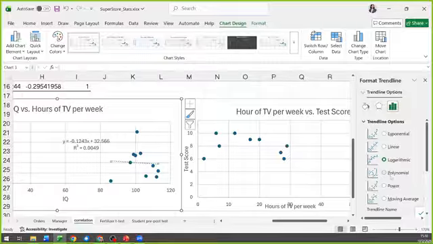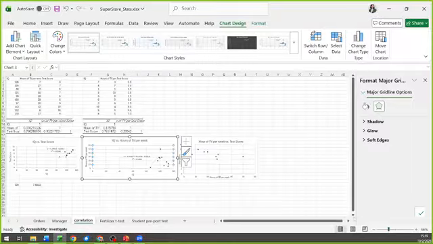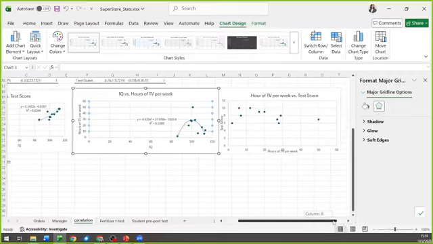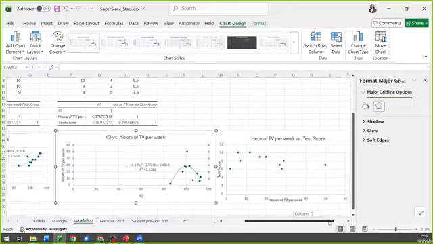Logarithmic. It doesn't look like logarithmic to me. Oh, maybe the display. Alright, maybe this before the display.